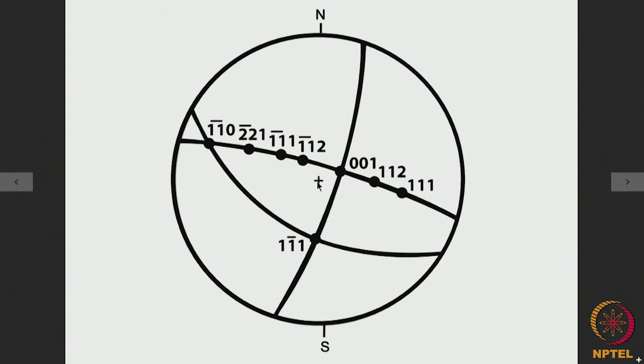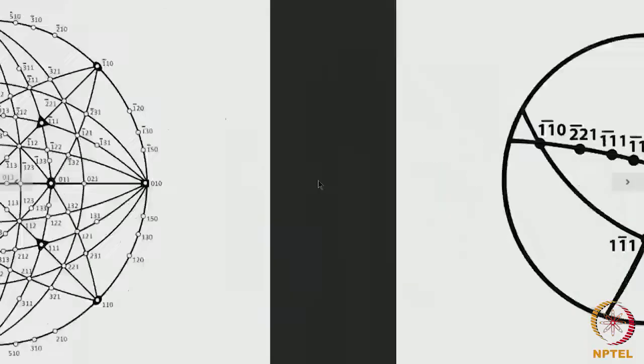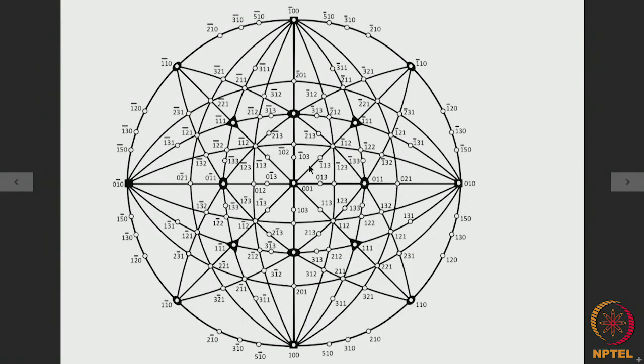Now, we are interested in this pole. So, how to find it out? Here this is our 0 0 1 and this is our bar 1 0. So, the pole which we are trying to identify lies somewhere over here.